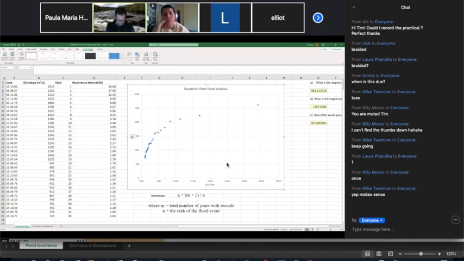This is discharge in meters cubed per second, and actually it's peak discharge in Qmax, meters cubed per second. This one is recurrence interval in years. We don't need the decimal places, but you know, I don't really care if you've left them on there.